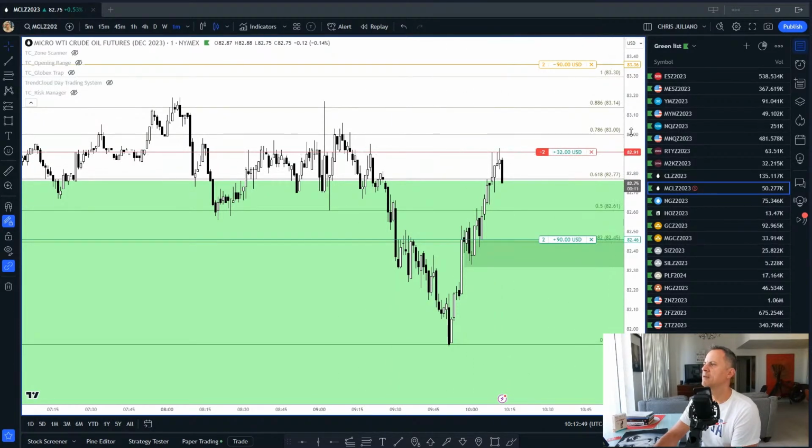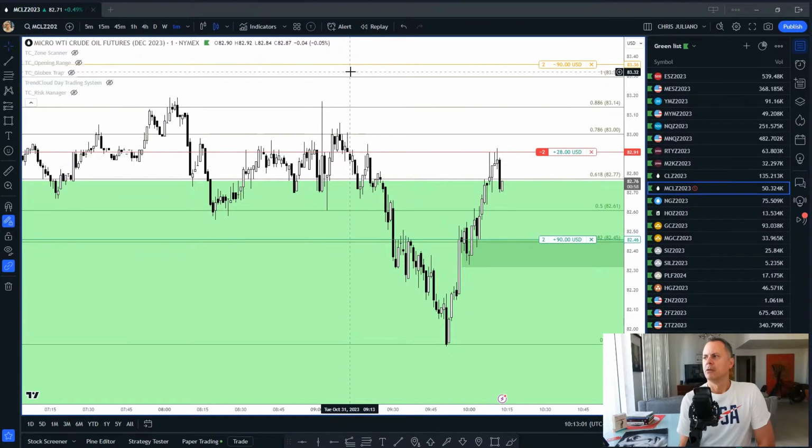Right in between that. I've seen that happen so many times, right in between the 786 and the 618. Yeah, here we go. We'll see if we pulled right back into that high time frame demand zone, and we are pushing back.